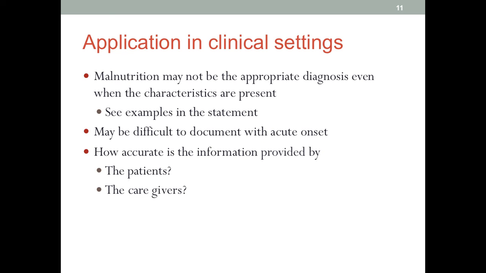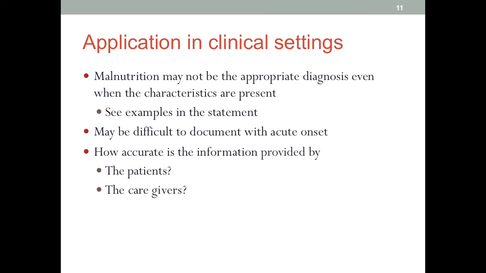And remember that patient conditions change along a continuum, but we as RDs may encounter them only at specific points in time. And so we need to be aware that the patient is at risk for developing malnutrition in order to make sure that we are monitoring and evaluating for that at each of our visits. With acute onset, which may occur with trauma, the patient could be in a coma or intubated.